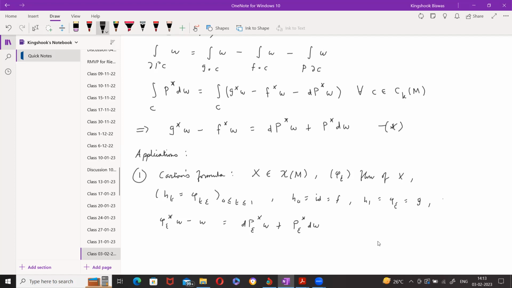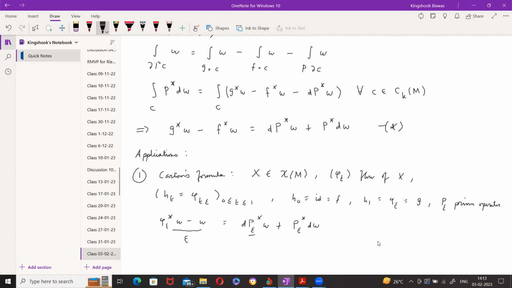Okay. So P_epsilon is the corresponding prism operator for this homotopy H_t. Then I divide both sides by epsilon.